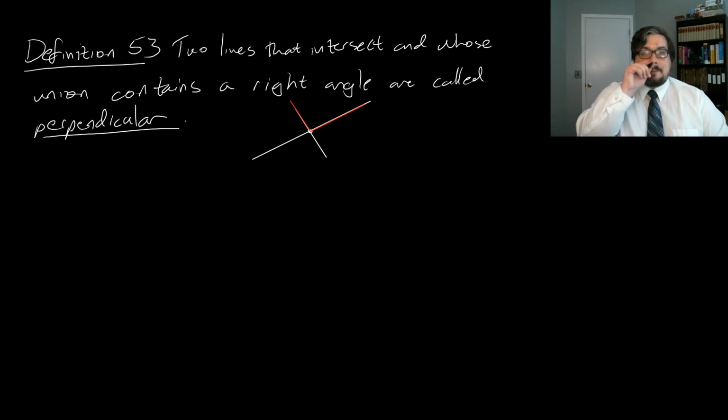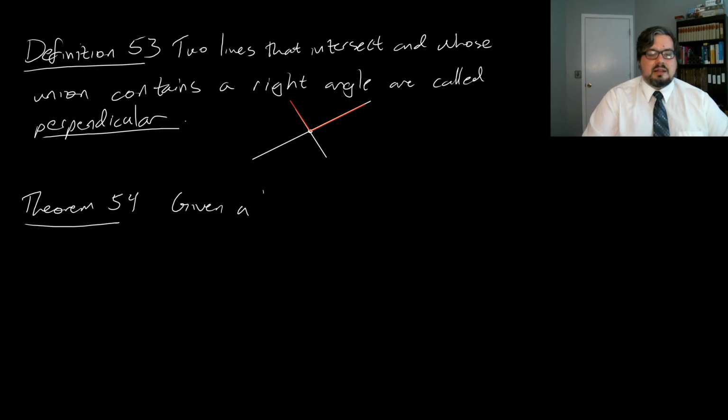So that's what we're going to describe as perpendicular lines. And then we have an existence and uniqueness theorem for perpendicular lines as well, which again uses congruence of triangles. So theorem 54.